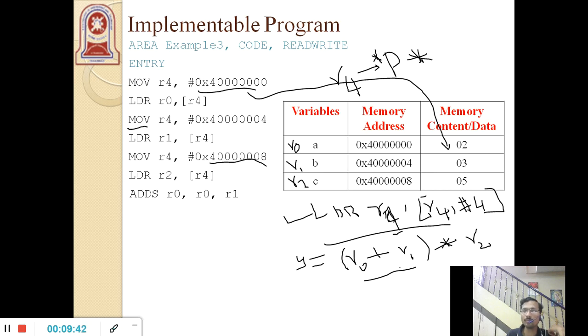Once you perform this, then what should I do? I should multiply this answer, that is R0, once again with R2. So I will use the multiplication instruction next. MUL R3, R0 and R2.